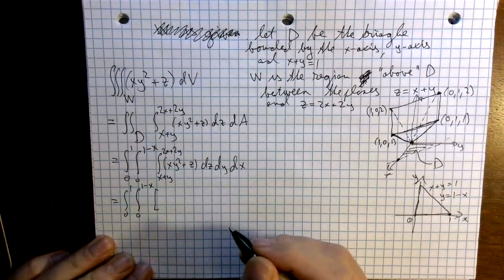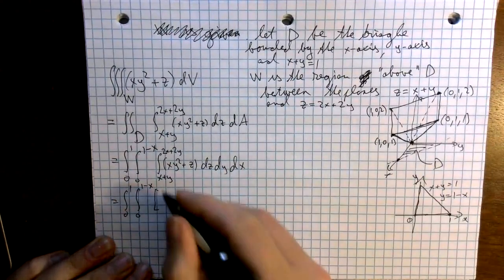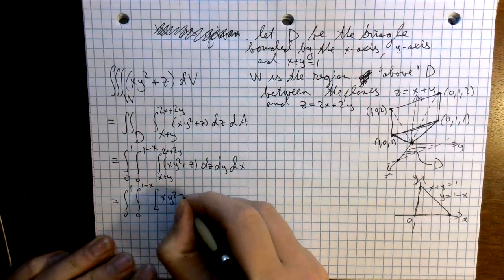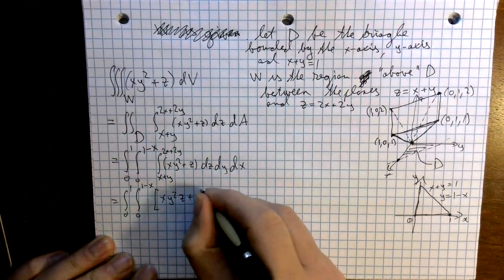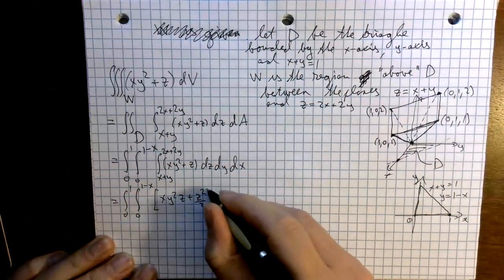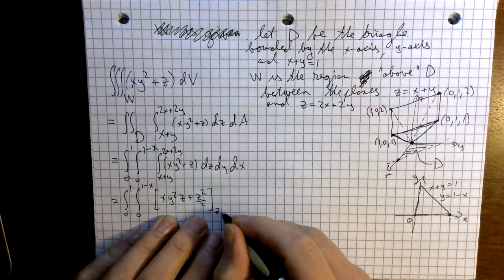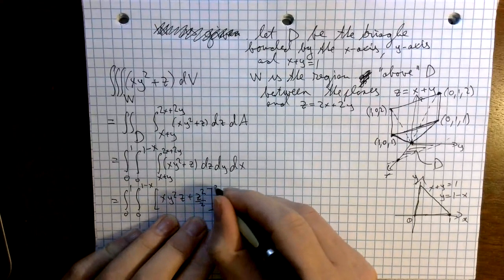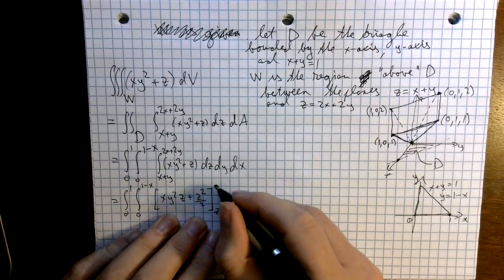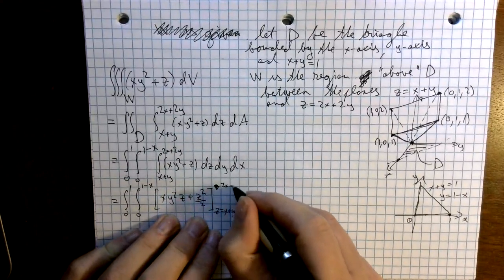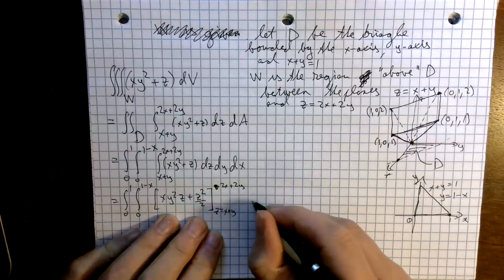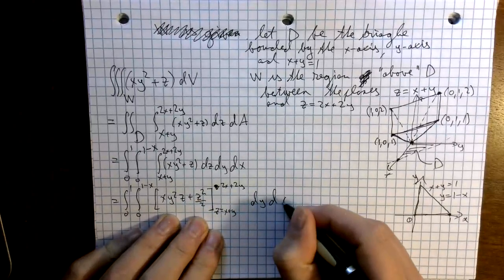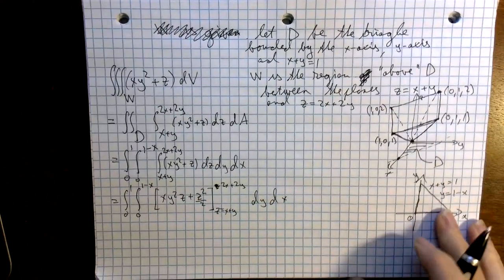We have the antiderivative over here, x y squared z plus z squared over 2, and now we're plugging in z as x plus y, and z, so here I don't have to mark it, 2x plus 2y, dy dx.